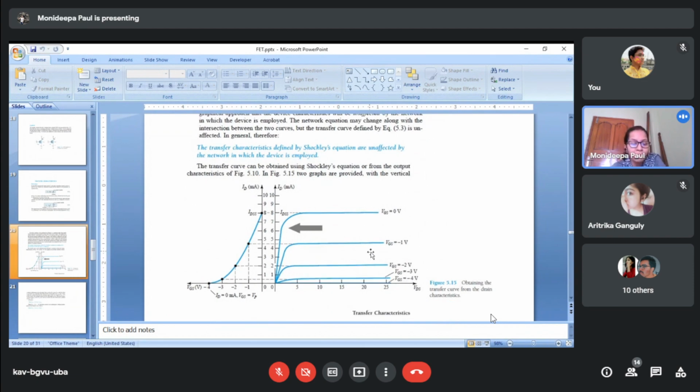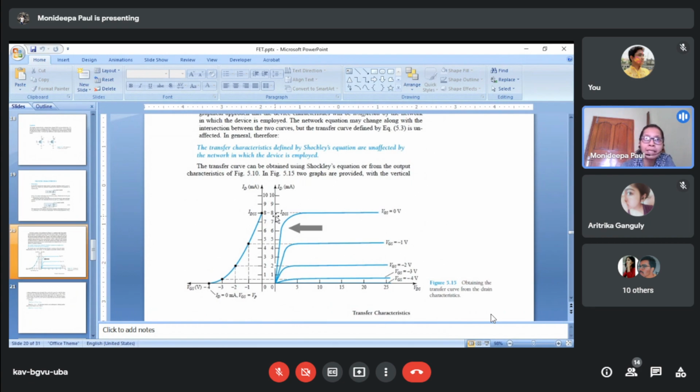And if we compare these two graphs, we see that in both cases, saturation current is the same. That means if we get the saturation current experimentally, when VGS is 0, saturation current is 8 milliampere.